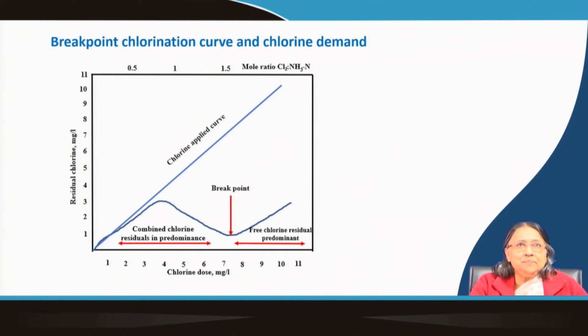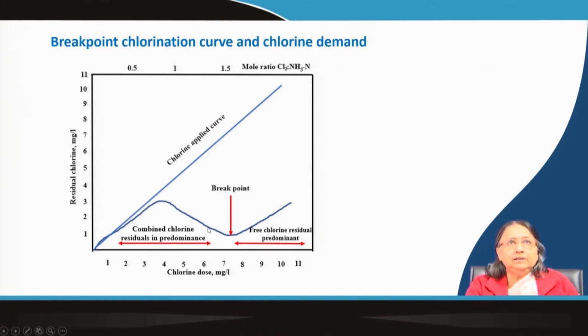And you can see here, this is the mole ratio of chlorine to ammonia nitrogen. So, at different ratio, different things, you see here it is 1.5 here, and then at lower dose it is like this. So, ammonia concentration also may vary, na? That is why it is done here.